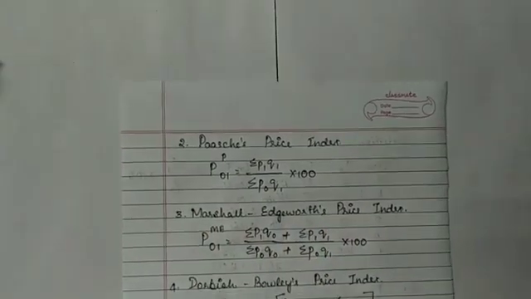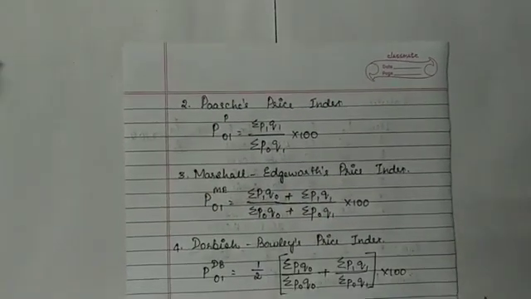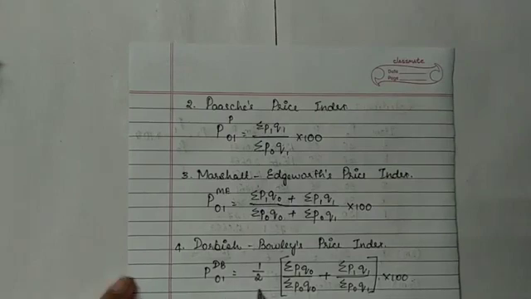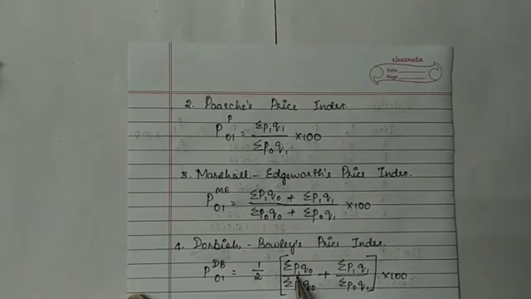And the next one is the Dorbish-Bowley price index. So here P01 is equal to 1 by 2 of summation P1 Q0 divided by summation P0 Q0 plus summation P1 Q1 divided by summation P0 Q1, multiplied by 100.